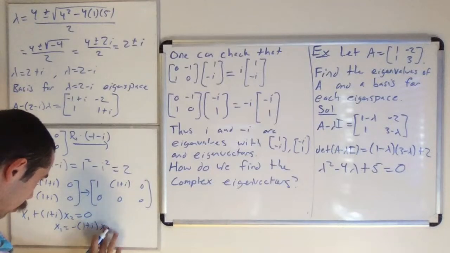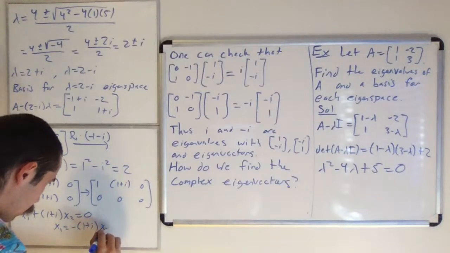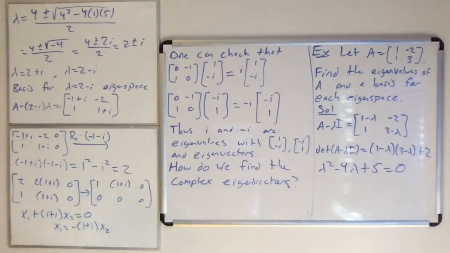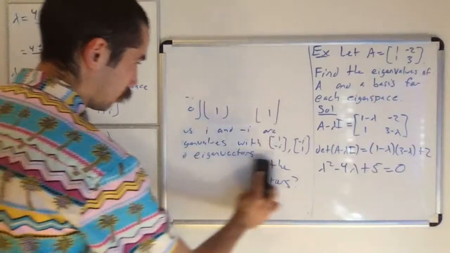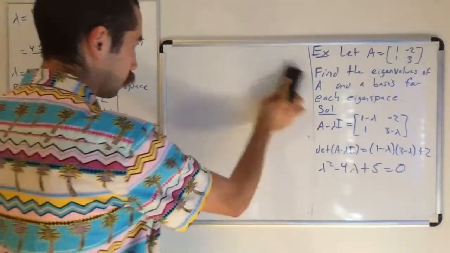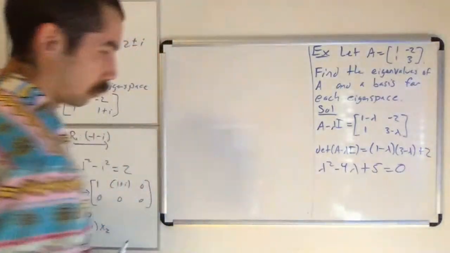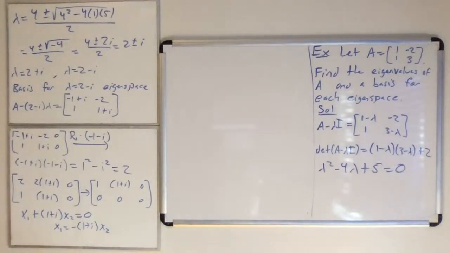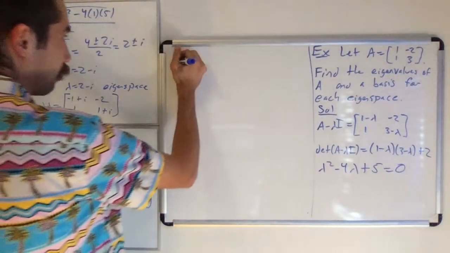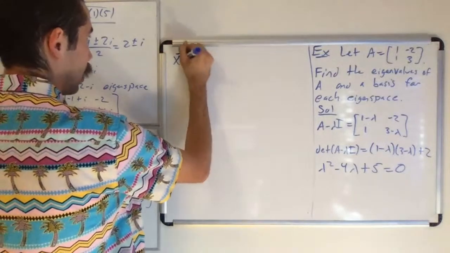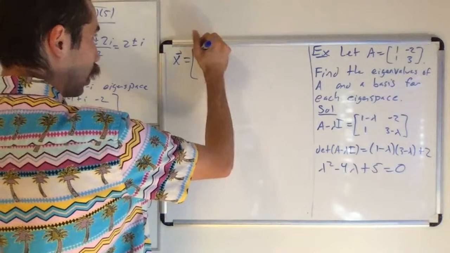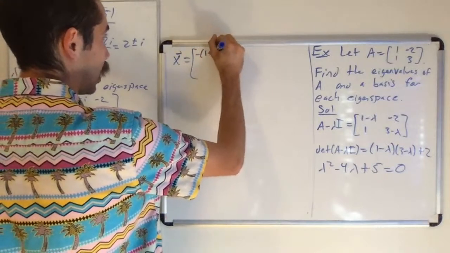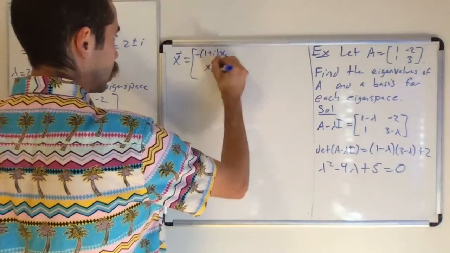x2, and our eigenvector x is equal to -1 plus i x2, x2.